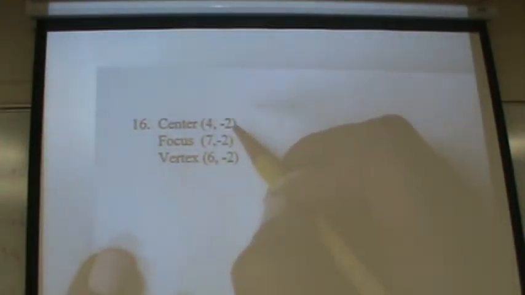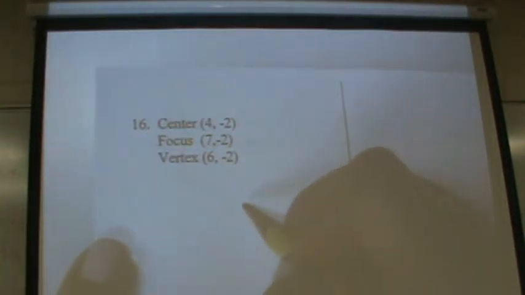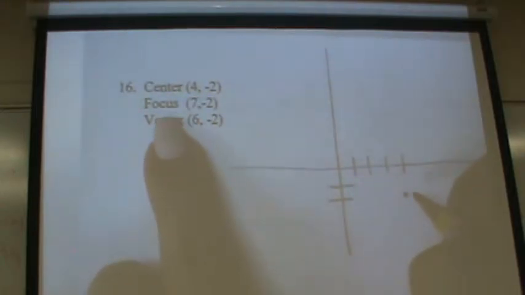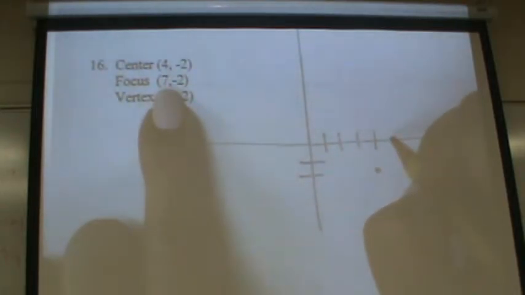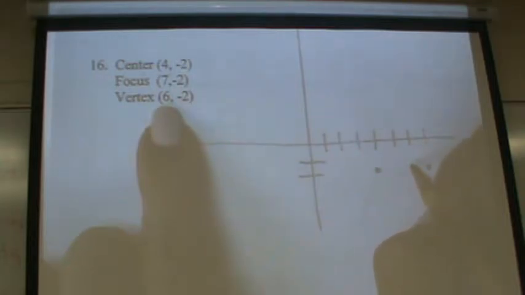Next one. The center is 4, -2. There's your center. Your focus is 7, -2. That's a C value. And your vertex is 6, -2.